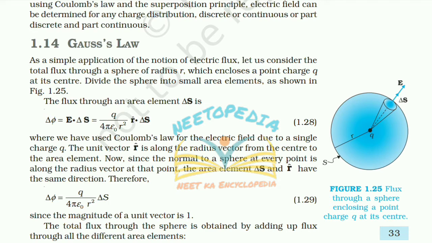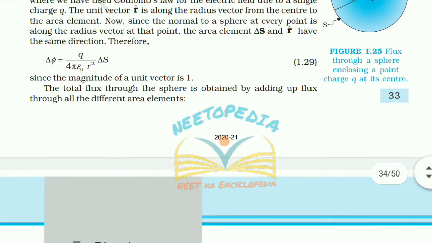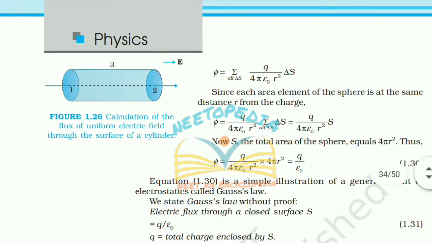Now, since the normal to the sphere at any point is along the radius vector at that point, the area element ΔS and r̂ have the same direction. Therefore, Δφ is equal to q upon 4π ε0 r² ΔS. Since the magnitude of the unit vector is 1, the total flux through the sphere is obtained by adding up the flux through the different area elements, where φ is equal to the summation of q upon 4π ε0 r² ΔS.